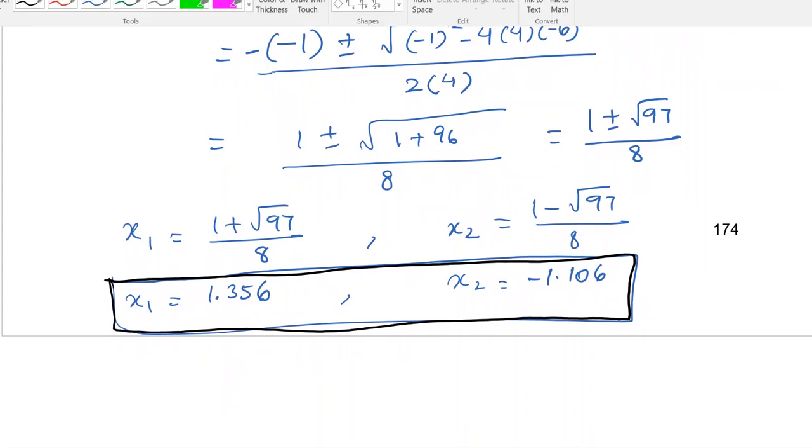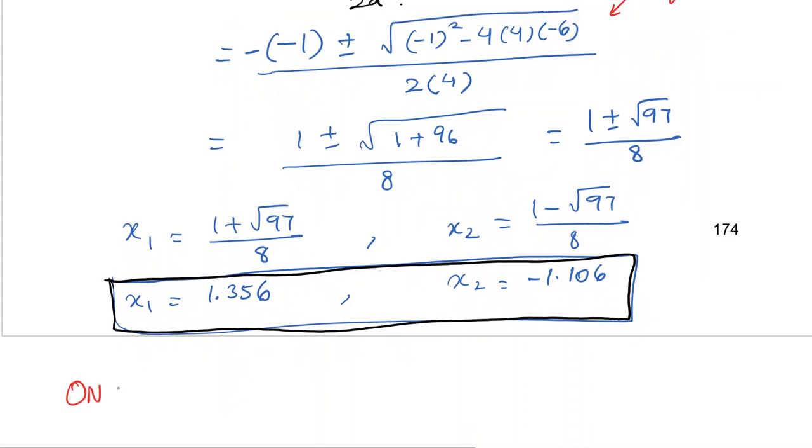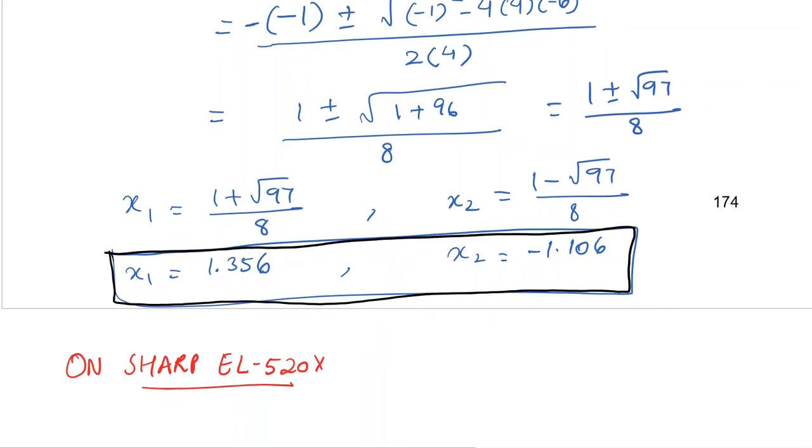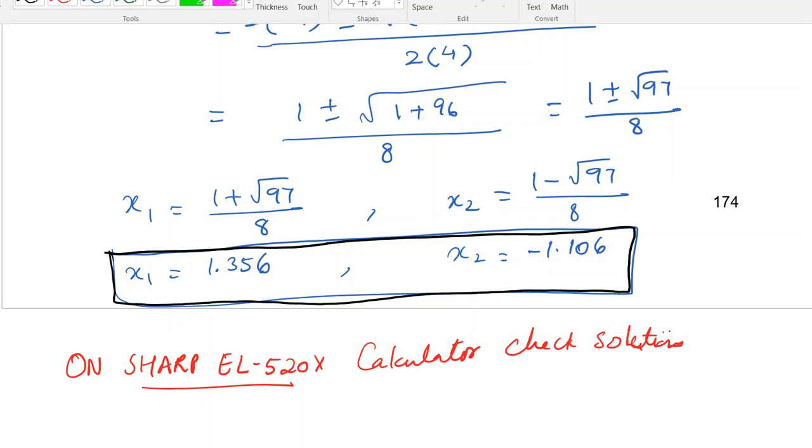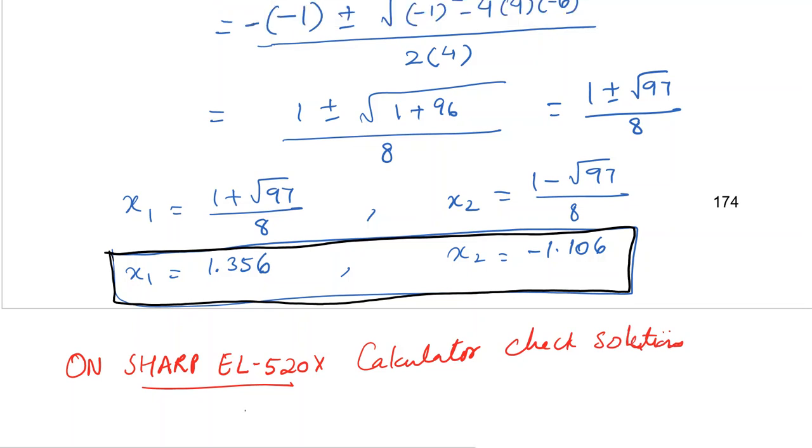If you have the calculator, I'm talking about the Sharp EL-520. That's the model I have. So you can check solutions. You can always put your calculator in the quadratic equation mode.